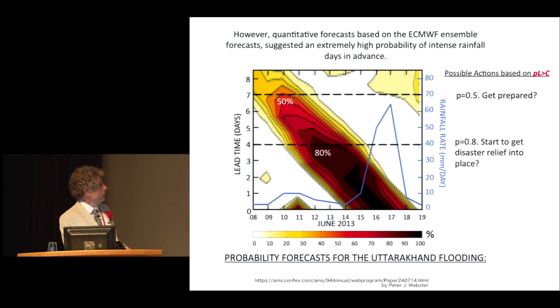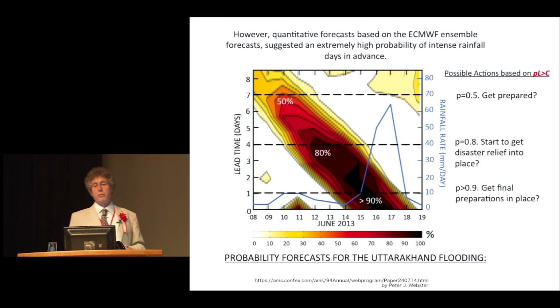By 4 days before the event, that probability has reached 80%. So this is now probably a large enough number that you would want to start to get disaster relief into place. And 1 day ahead, the probability has risen to over 90%, so this would be time to get final preparations in place. So this is just an example of a real event, where probabilistic forecasting can give you the numbers you need to make these decisions.